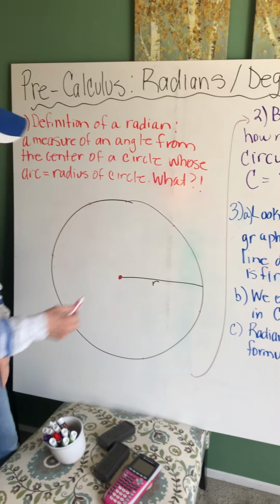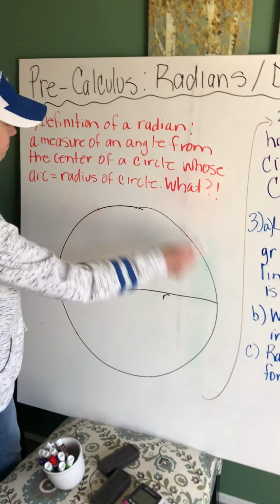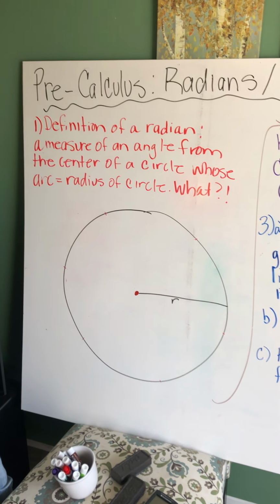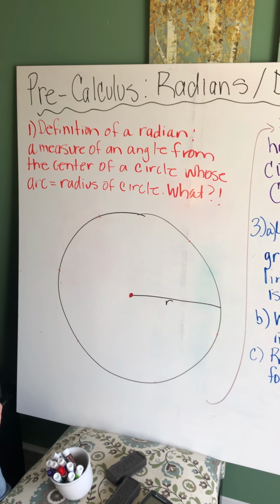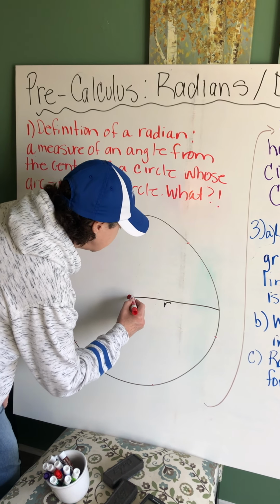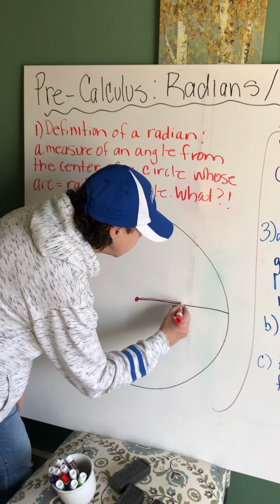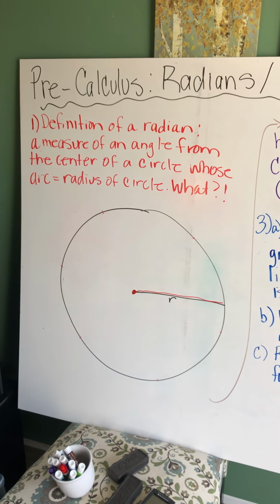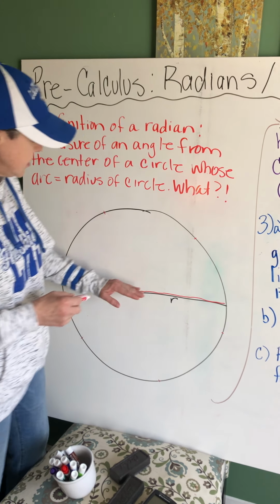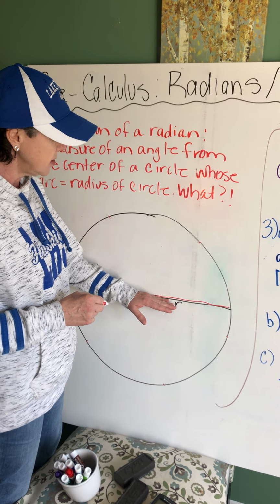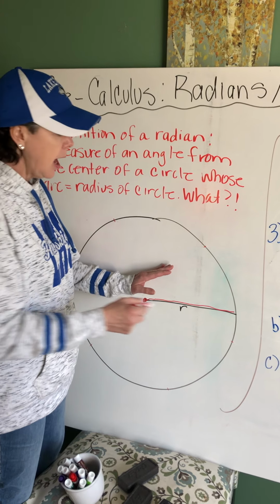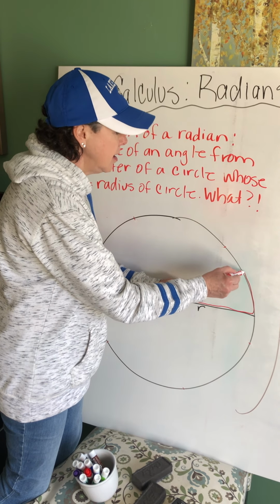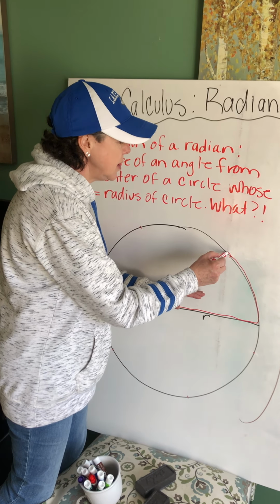So here is the center of a circle, any circle. I made a circle with radius r. I could have made it bigger, I could have made it smaller. Here is the length of the radius, which I just outlined in red. I'm going to start rotating from this radius upward until the arc that I make is just as big as the radius.